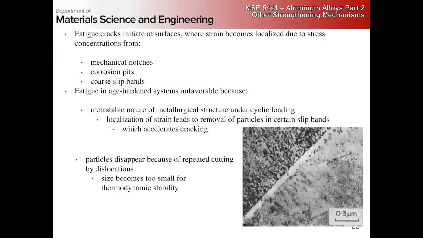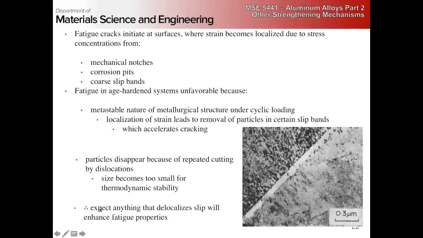Also, even if they're larger than R star, through the process of coarsening and Ostwald ripening, those particles will disappear faster than neighboring ones. But the key thing we have to worry about is when they become too small for thermodynamic stability.